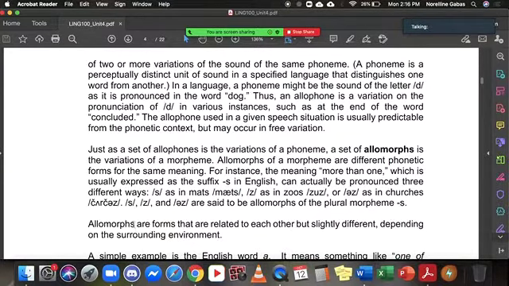Okay? O, tapos, in a language, a phoneme might be the sound of the letter D as in pronounced as dog. Thus, an allophone is a variation of the pronunciation of the D in various instances, such as at the end of the word concluded. The allophones used in a given speech situation is usually predictable from the phonetic context, but may occur in many variations.